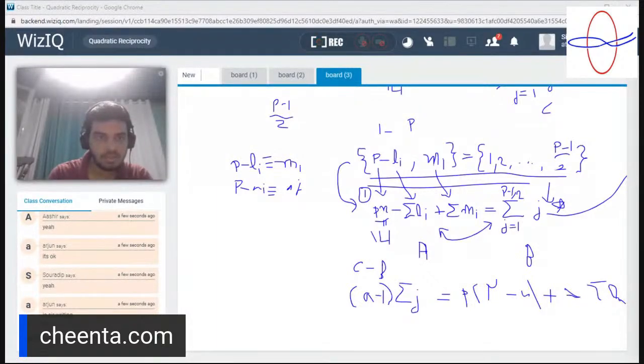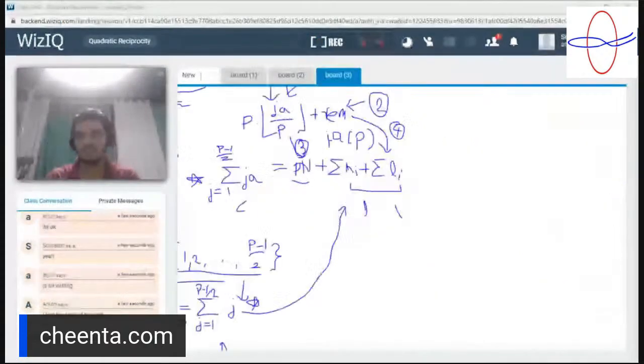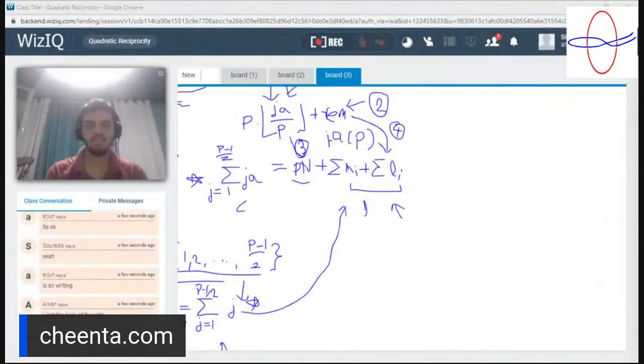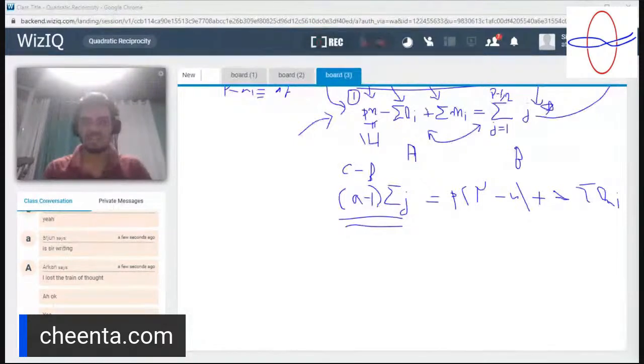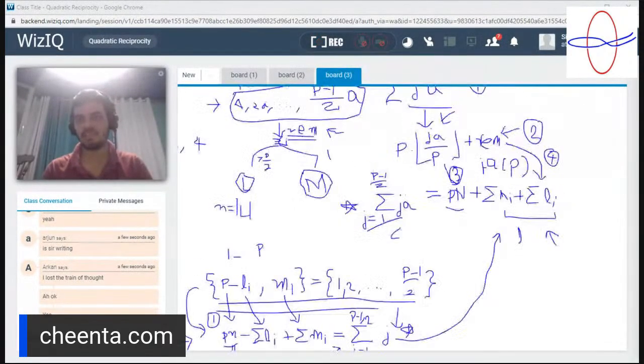Arjun, are you guys able to see the screen? Right, Arjun. So I'm basically subtracting this from this. So the left hand side at least should be direct. It's just (a minus 1) times summation of j, which is just this c value here minus this b value here.